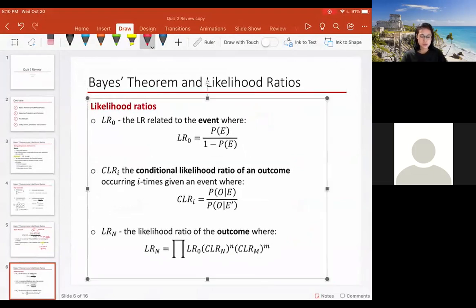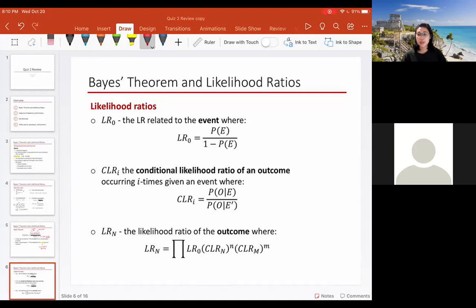Likelihood ratios involve 3 separate terms that are confusing, but I want to emphasize that there are 2 different likelihood ratios here: LR sub 0 and LR sub n. LR sub 0 is related to the event and LR sub n is related to the outcome.